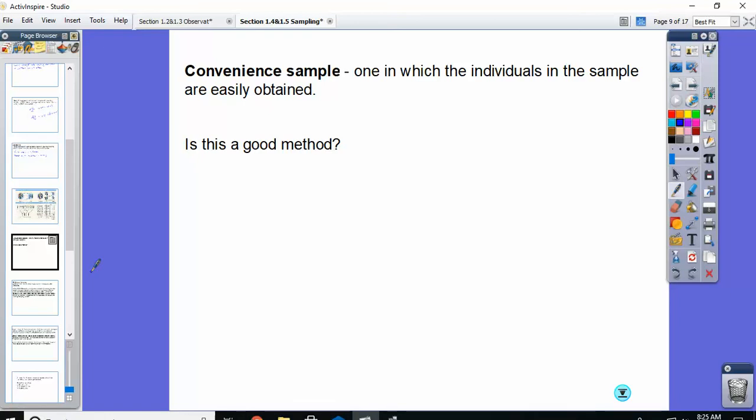It's easy because I'm already seeing them anyway, they're all in my room, but it's not especially good because they don't necessarily represent the entire student body. They're probably taking that class because they're going to college. So this is not a good method. It's easy, but it will be biased. Your results will be skewed.